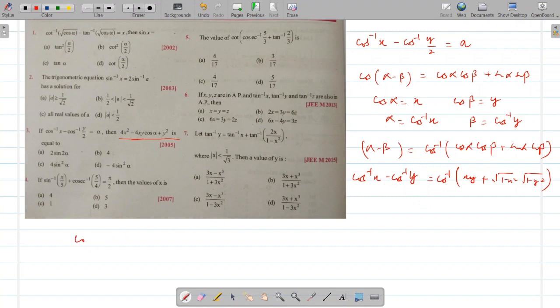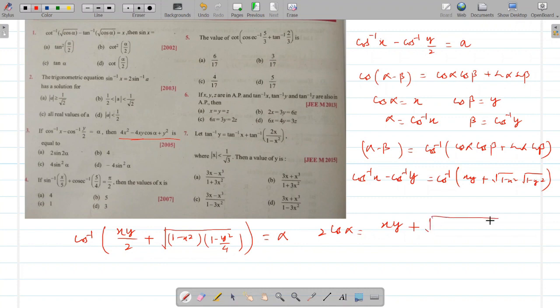So we'll get cos inverse of xy by 2 plus under root of 1 minus x square into 1 minus y square by 4, is equal to alpha. Okay, so now the cos alpha's value will be xy by 2 plus the root term; you take the common factor and multiply the other side after taking the LCM.